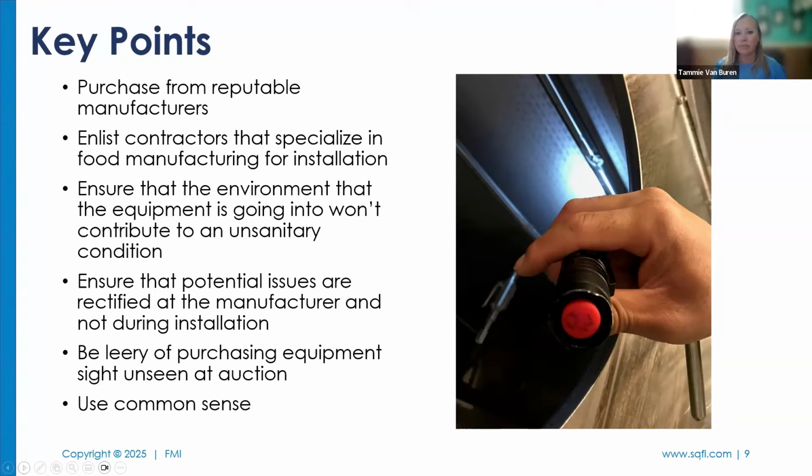Okay. Yeah, some good key points for us to remember. My ice machine that I talked about at the first of the webinar ended up, I think, in a recyclable place. It had a lot of nice stainless on it, but it never got put into production because there was absolutely no way for us to fix it after the fact.